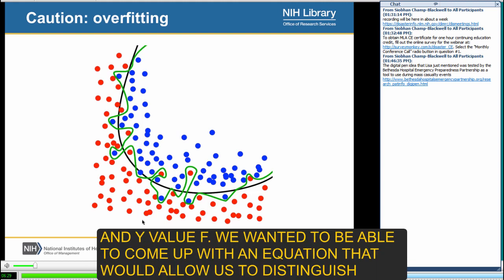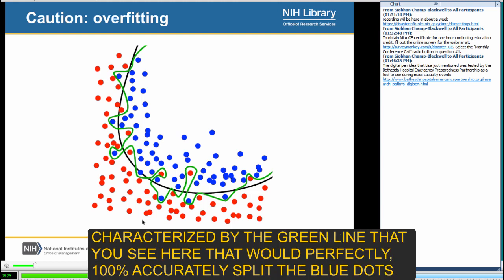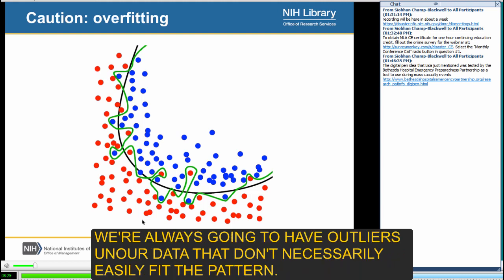If we wanted to come up with an equation that would allow us to distinguish between the red and the blue, we could come up with a very complex equation, characterized by this green line that you see here, that would perfectly, 100% accurately split the blue dots from the red dots. However, that would typically only work in the case of this exact data.